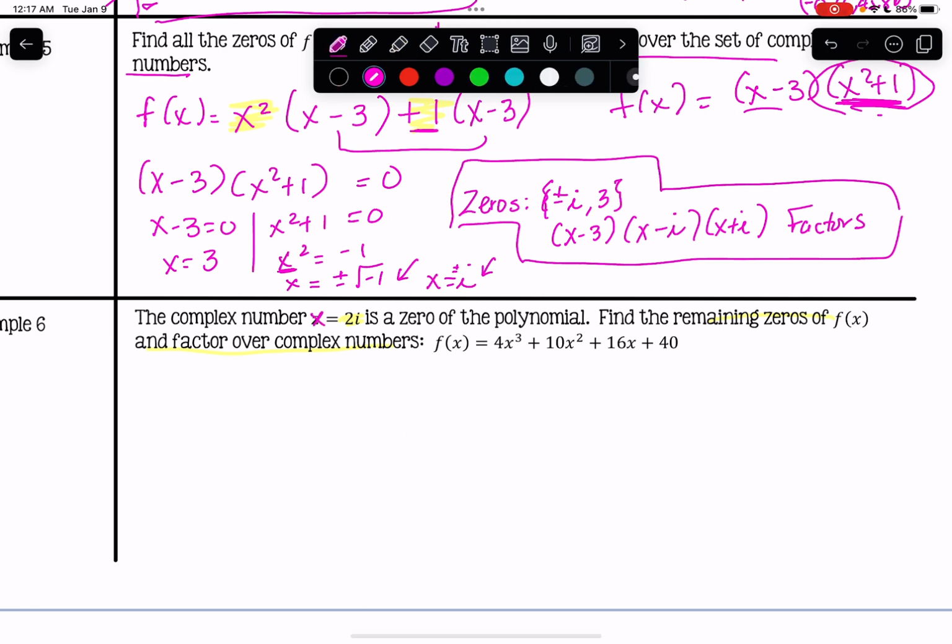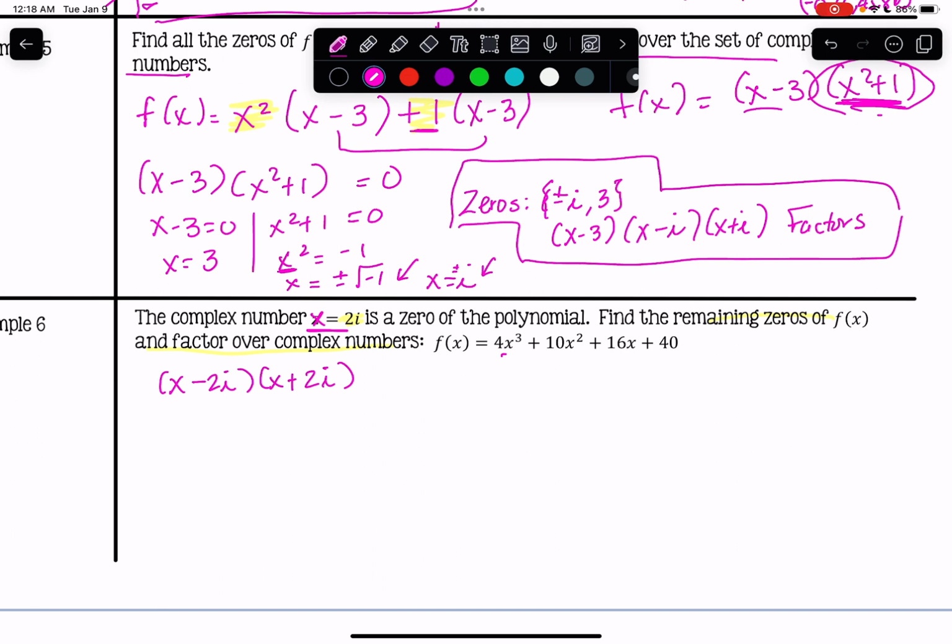I think it's supposed to be an x. We have an x variable here. So we know that since it has one complex number for a factor, it has to have another one. So we have x minus 2i, and we must have x plus 2i because they come in pairs.